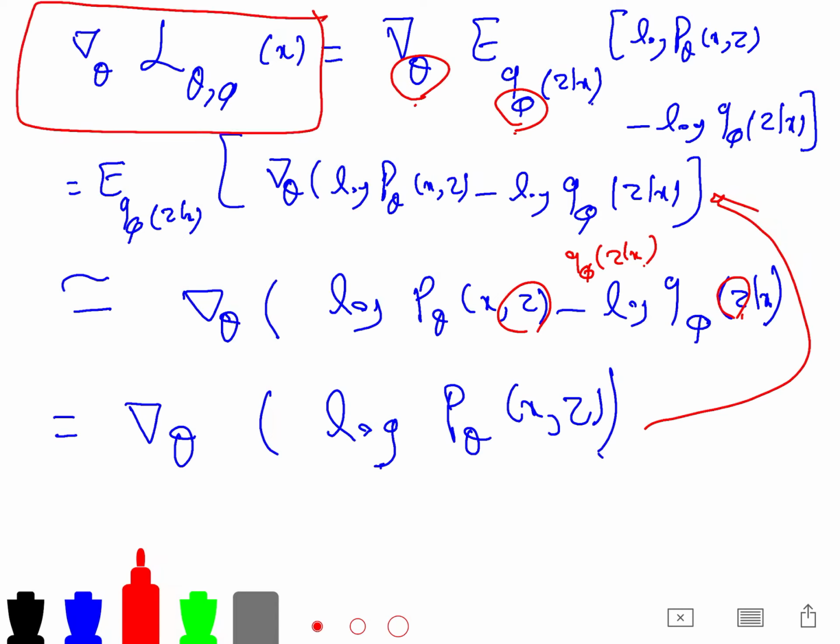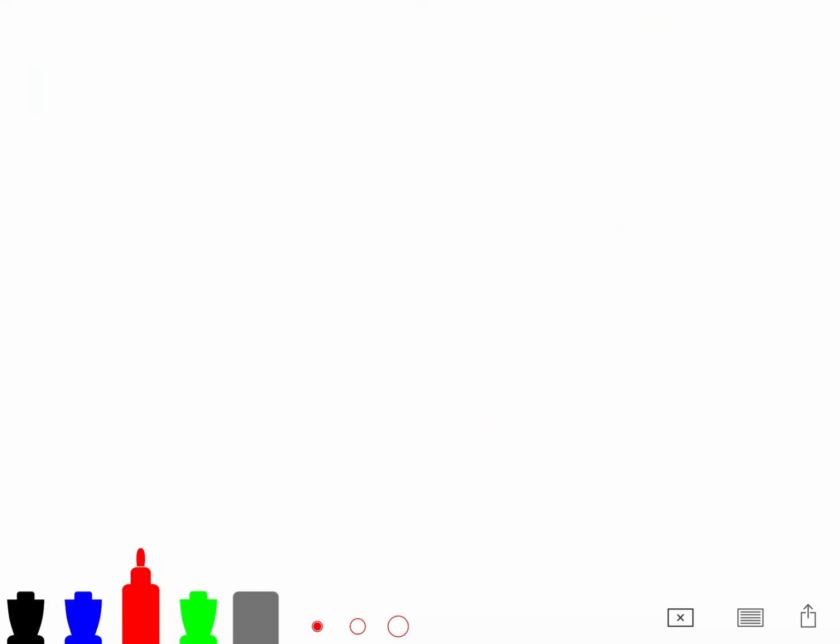You notice that this is very easy because you have theta here and the opposite thing there, so they are not related. But sometimes the next derivative is really hard, because now you are differentiating with respect to phi.